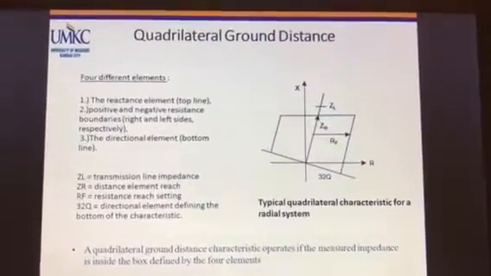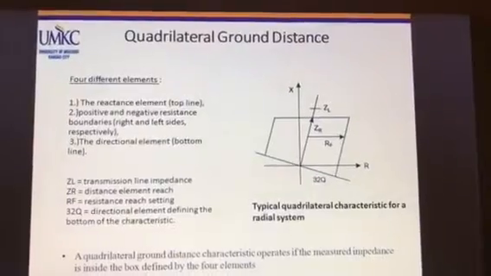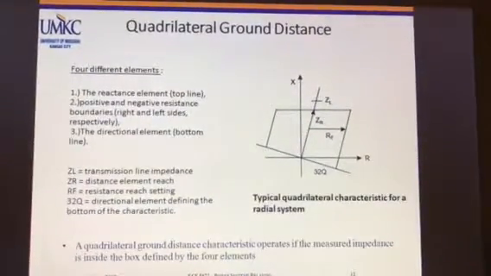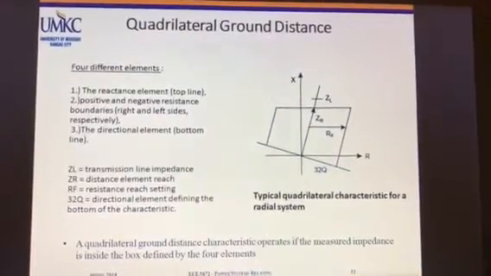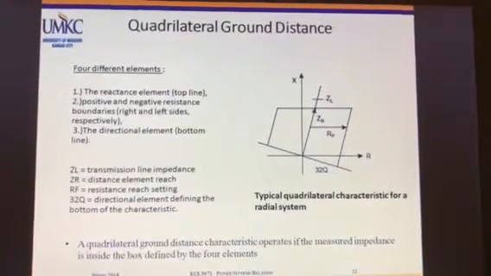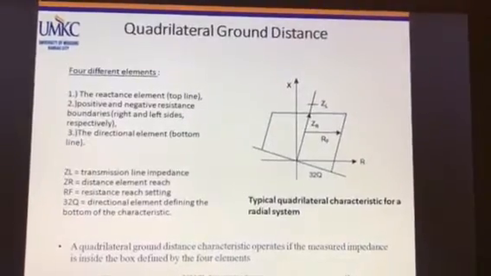So whatever impedance falls within this quadrilateral, the quadrilateral ground distance characteristic operates if the measured impedance is inside the box defined by the four elements.